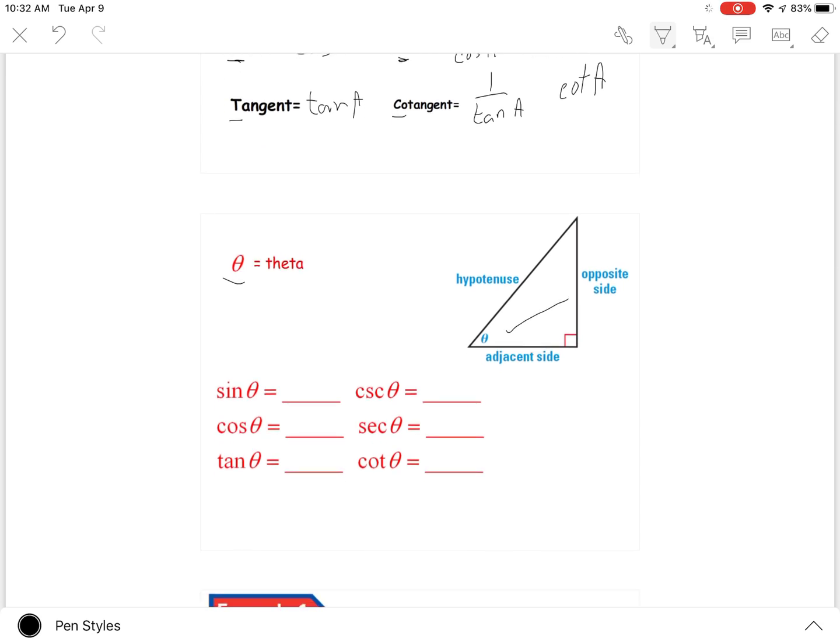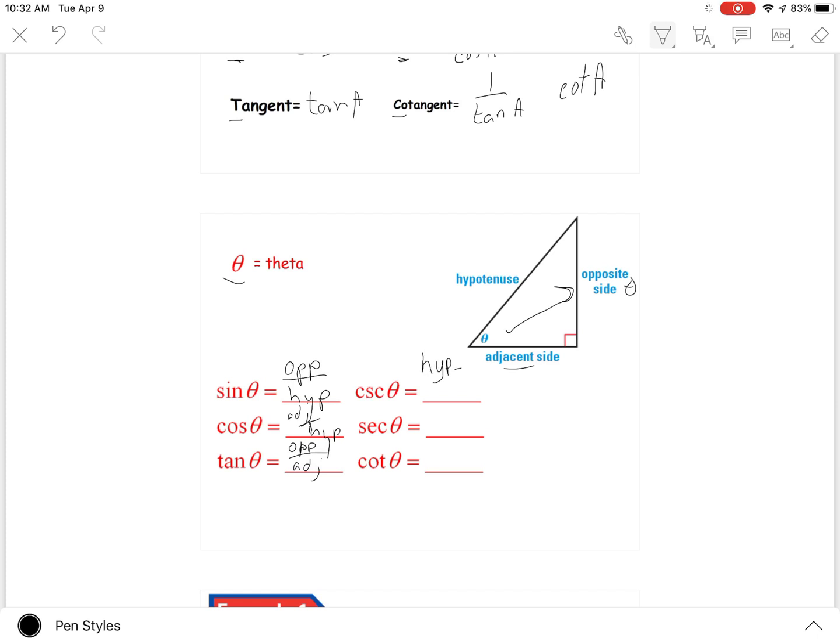So there's my theta. We have the opposite side of angle theta, so opposite over the hypotenuse. We have the adjacent side for cosine, so adjacent over hypotenuse. And the tangent is the opposite side over adjacent. Now the reciprocal properties are just those flipped upside down.